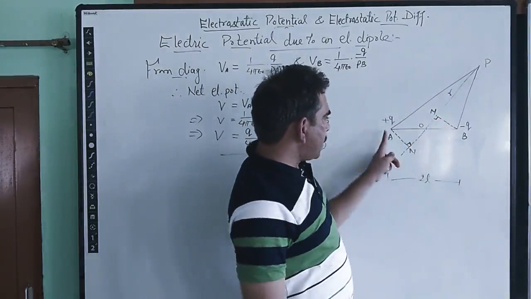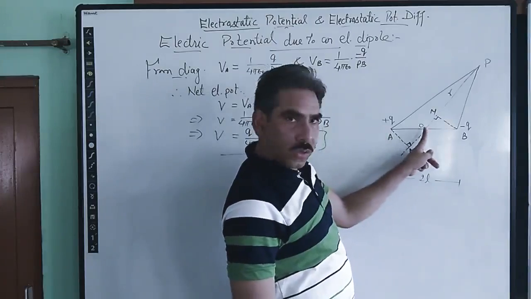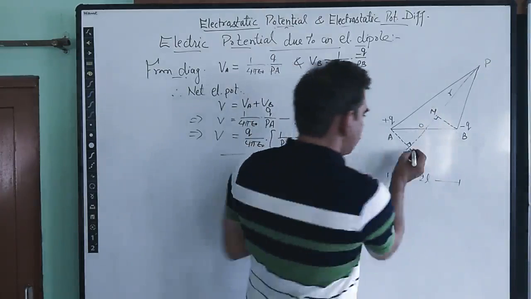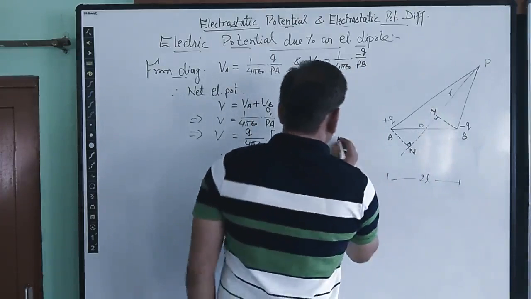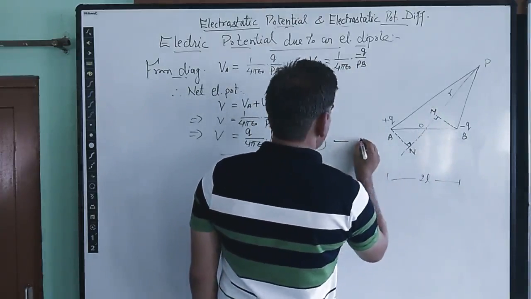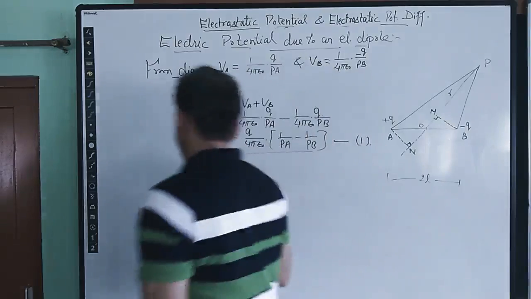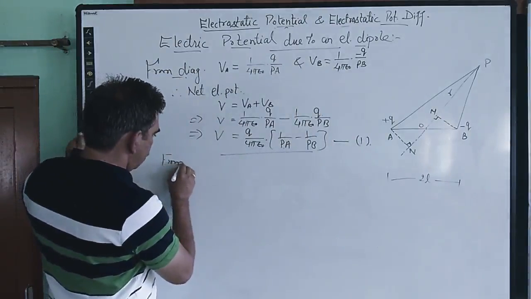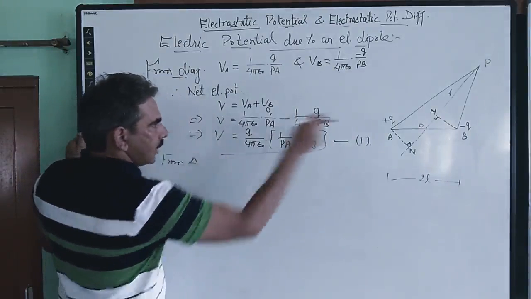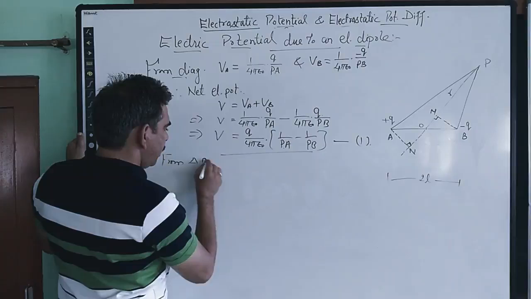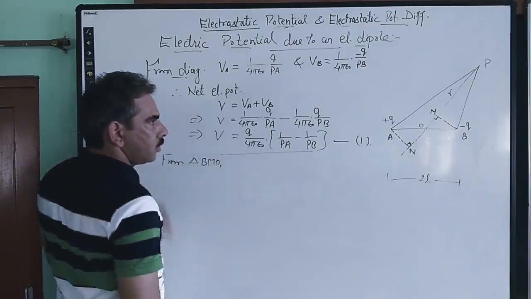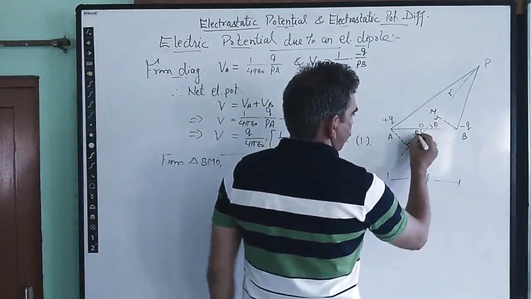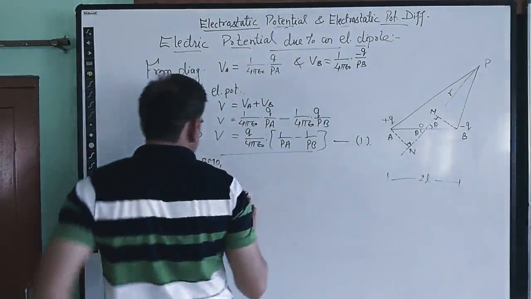Now we have two triangles, ANO and BMO. This will be equation number 1, for example. From triangle BMO, let this angle be theta. This angle will also be theta because it is the vertically opposite angle.